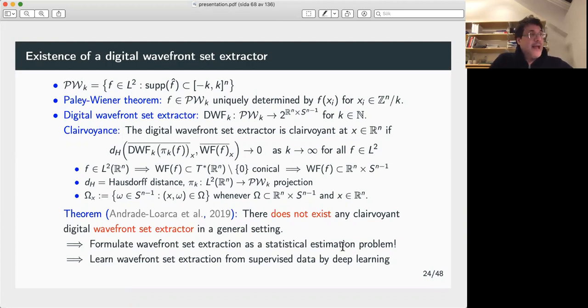So what I'm going to do next is phrase the wavefront set extraction task as a task of statistical estimation. If I can do that, I could then see the wavefront set extractor itself as a Bayes estimator, and then I have essentially ready-made conceptual machinery to say, oh, I can maybe address this by deep learning. So that's roughly the idea.